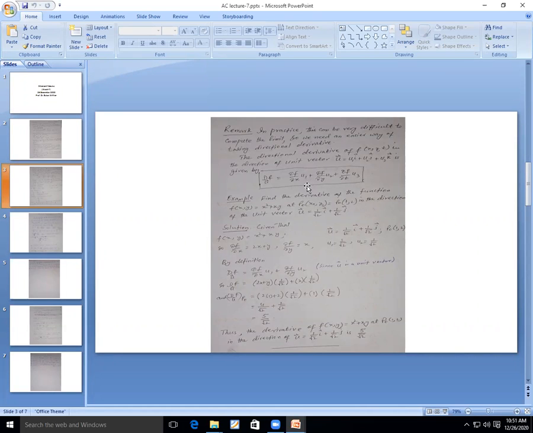So we have to find the directional derivative of the function f in two variables at the point (1, 2) in the direction of unit vector u.